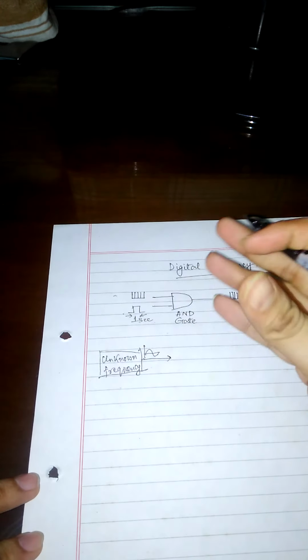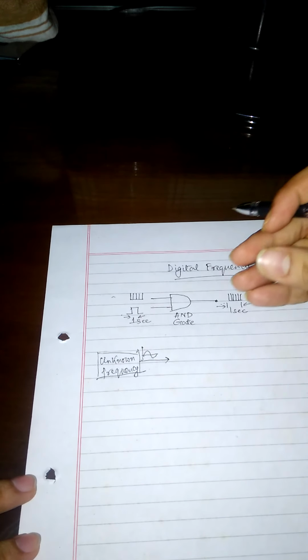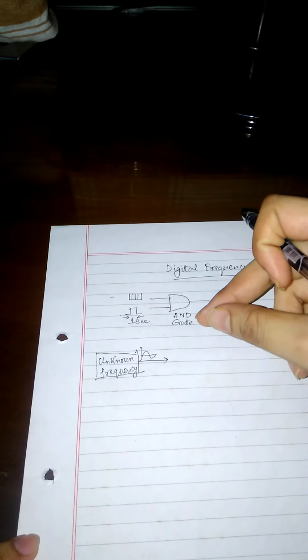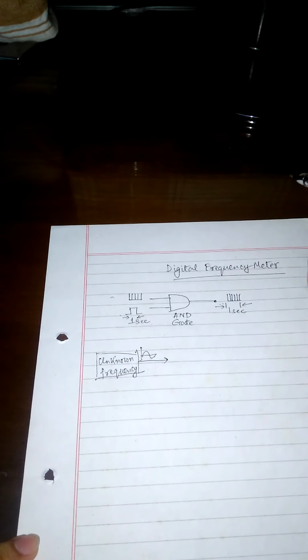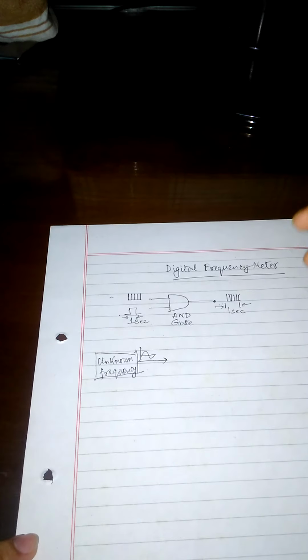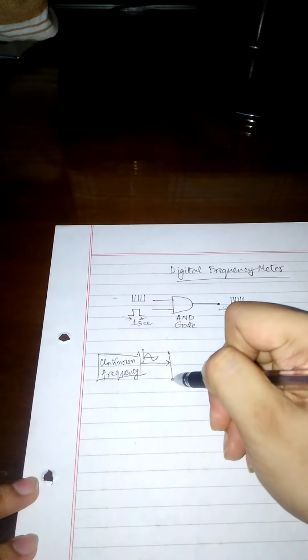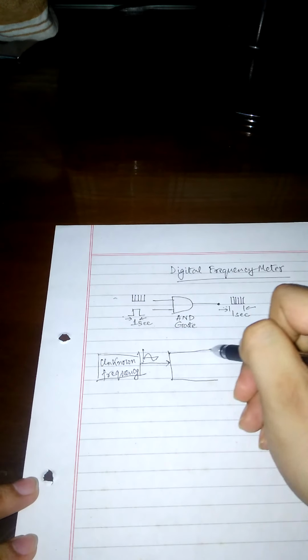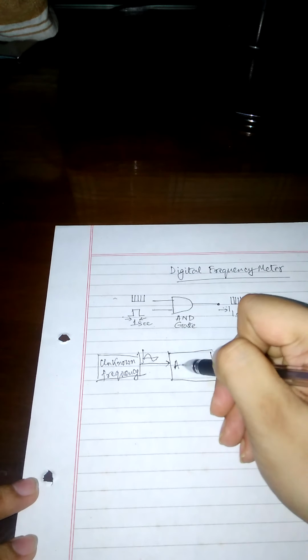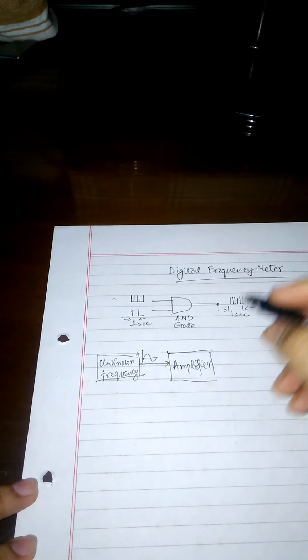For a digital system, normally we use a signal processor, which processes the value as per my desired outcome. Suppose here as a signal processing unit we have used an amplifier. What does it mean?